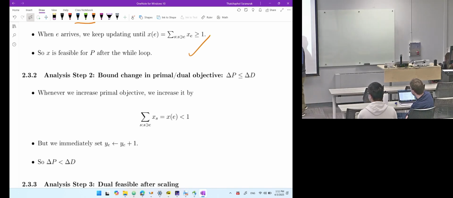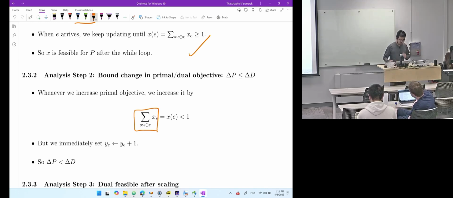So let's assume that xe is less than 1. Whenever we increase the primal objective, xe is less than 1. But what is the total increase of our objective?